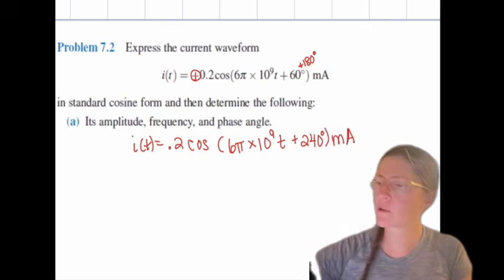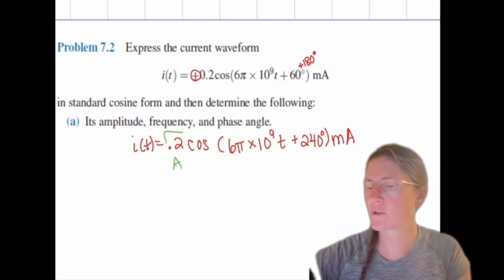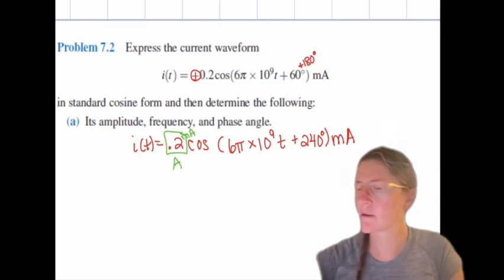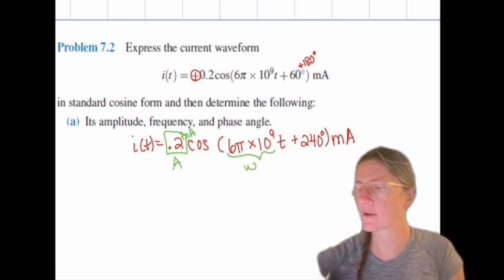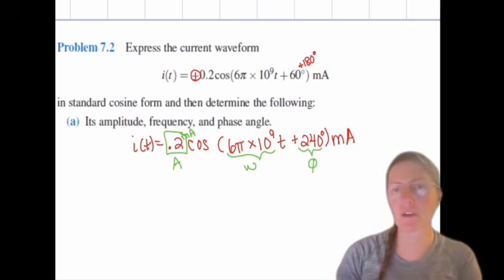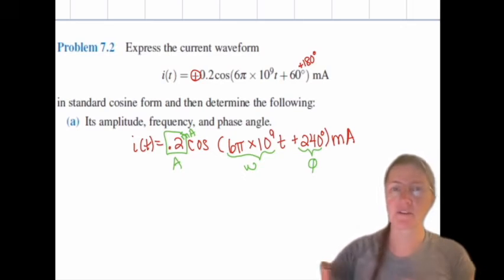So the amplitude is going to be the 0.2, and it will be 0.2 milliamps because of the units. And then the frequency is going to be radians per second, so this is omega. And then your phase angle is going to be the 240. So again, this could be phi or theta, whichever term you want to use there, it's going to be the same.